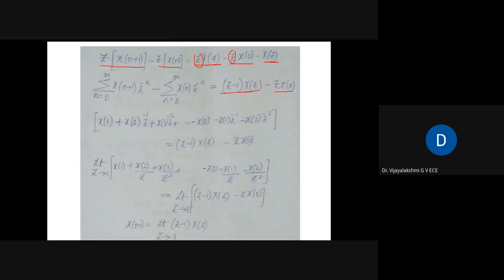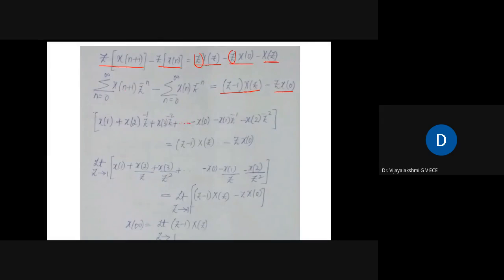Now let me expand this left hand side for a few values. This is x of n plus 1, right? So when I start from 0, I get x of 1 into z power 0, which is 1, plus, when n is 1, x of 2 z power minus 1, when n is 2, x of 3 z power minus 2, and so on.